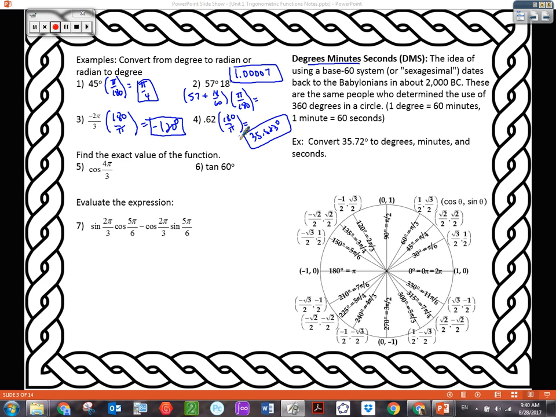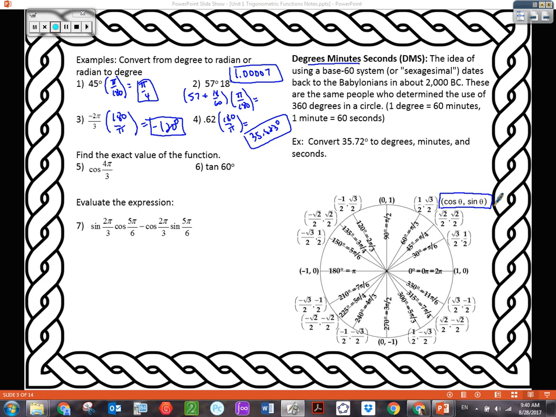All right, now we're going to go to find an exact value of the function. This is going to be more typical for us. What is cosine of 4 pi over 3? Well, let's talk about the unit circle a little bit more. Cosine is the x-coordinate of these coordinate points, and sine is the y-coordinate. Okay?